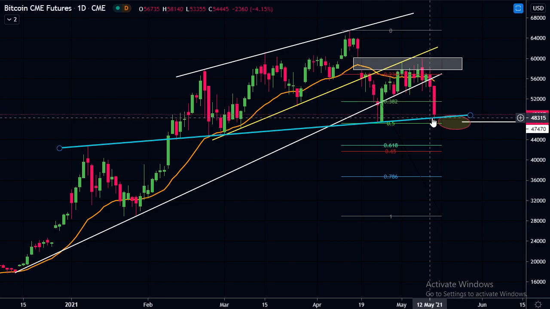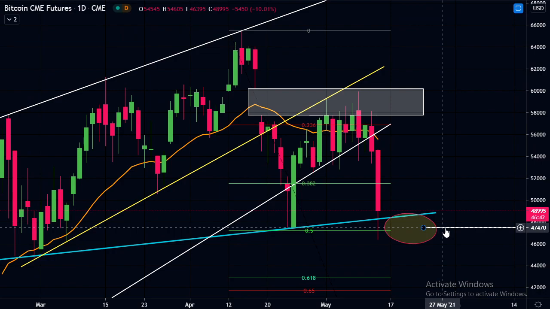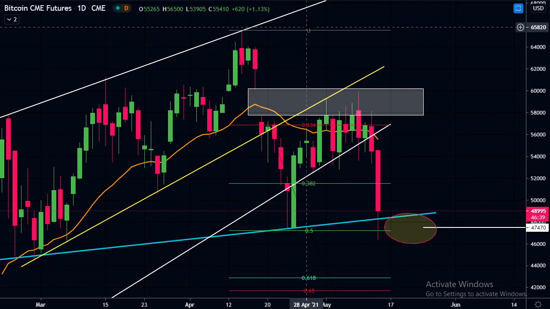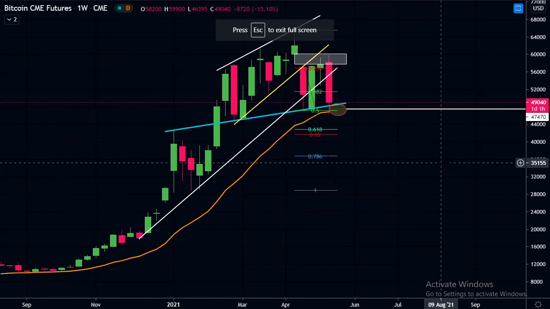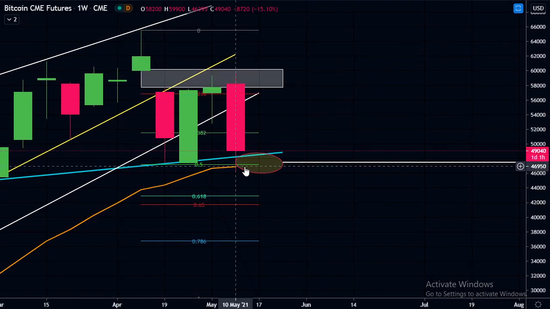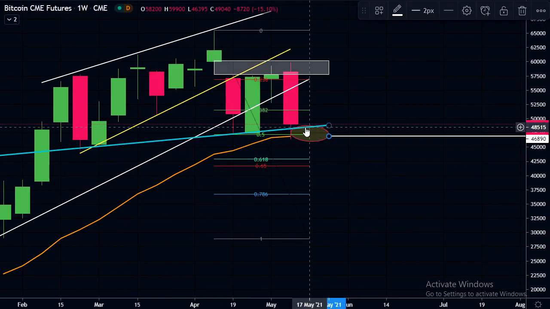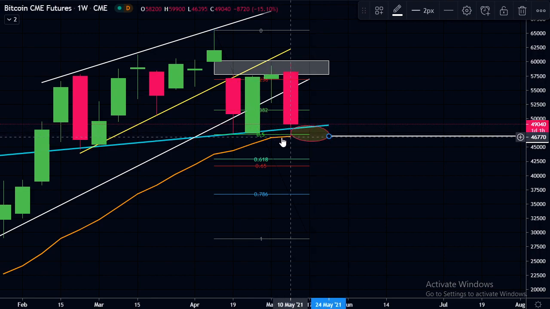Currently the body is above this trend line, and we also had this white line here representing the 21-week exponential moving average. And if we just pull that up here, we can see that it is around this area, around 56,950. And I said be looking to get into a long in this area because we did have these 3 points of confluence. We did pretty much come down exactly to this 21-week exponential moving average and got this bounce so far.